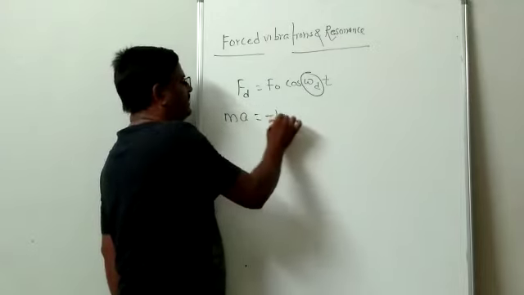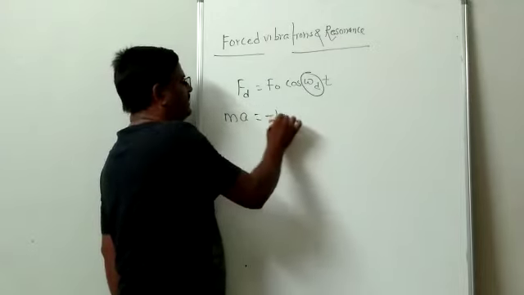Using Newton's second law of motion, mass into acceleration is the total force. Now I can write this equation as ma plus bv plus kx is equal to F0 cos omega d t.